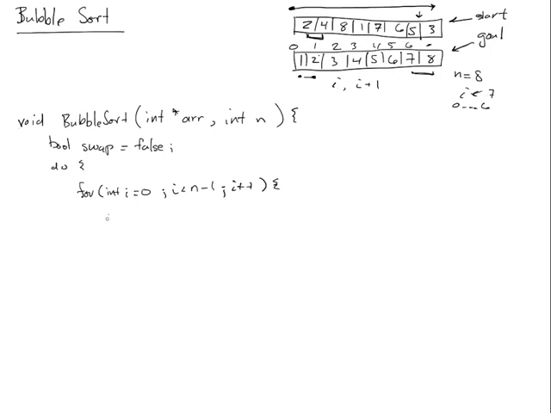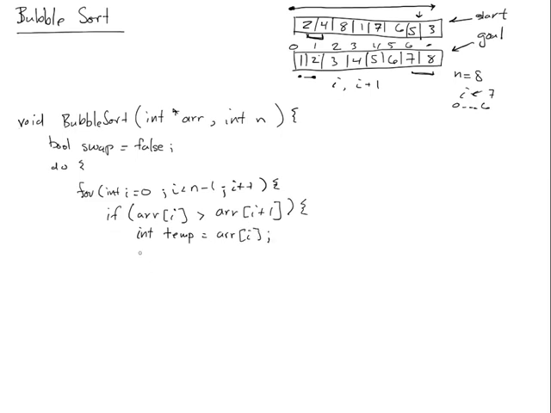Okay, perfect. So now if the array value at i is greater than the array value at i plus 1, then we need to actually swap those two positions. So we're going to need to create a temp variable to hold the value. So int temp equals array i, it doesn't matter which one we use.